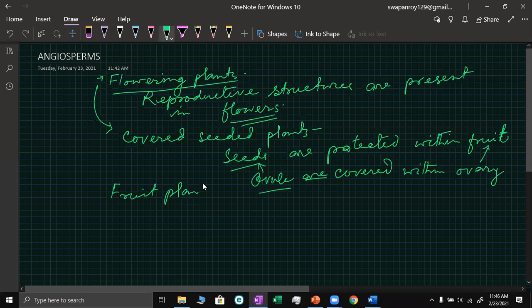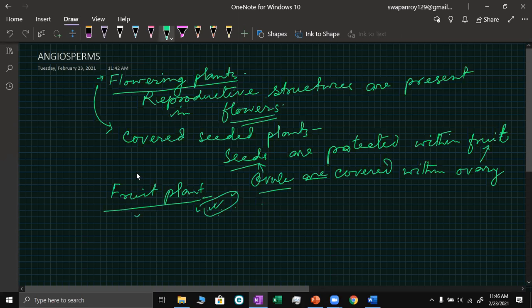but for our general talk, the term fruit plants is a little bit confusing, because by fruit we take only those like banana, guava, mango, papaya, those which we usually eat ripe without cooking. They are the fruit plants.